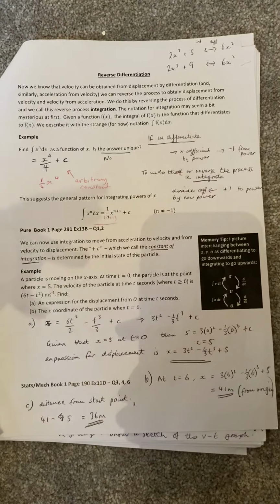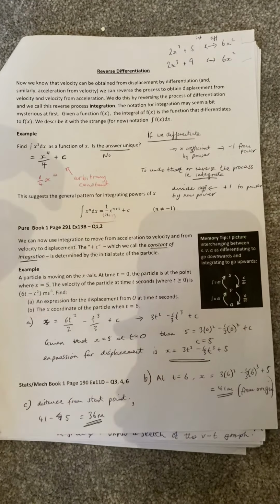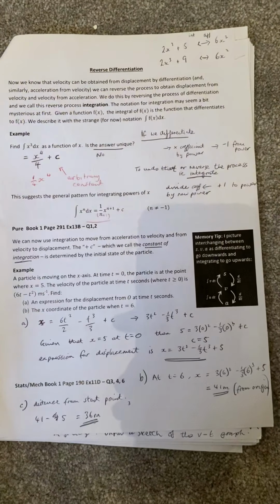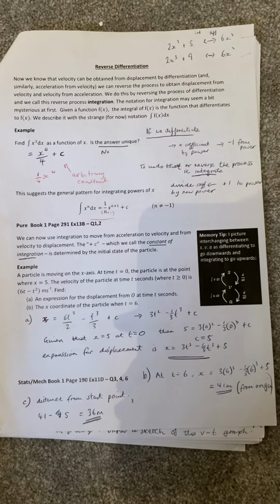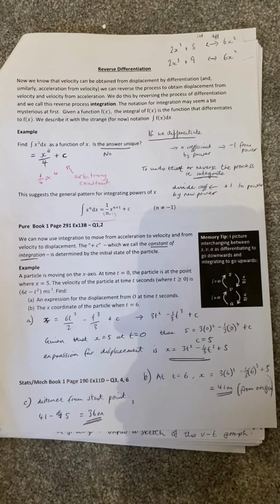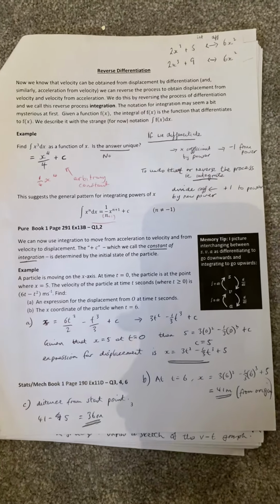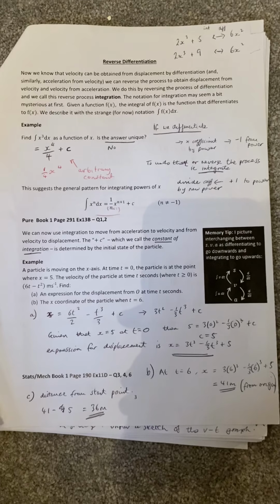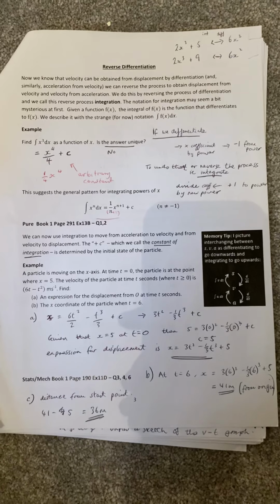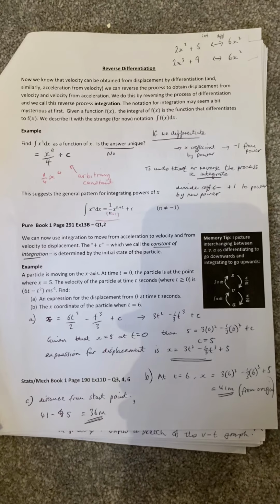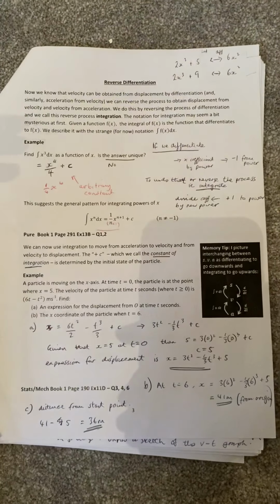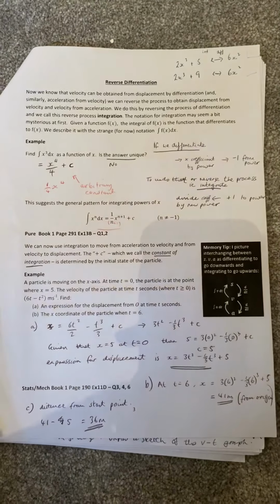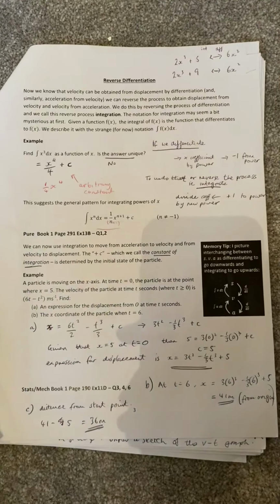It's like knowing a point, a set of coordinates that works. The velocity of the particle at time t seconds is 6t take t squared meters per second. Find an expression for displacement from O at time t seconds. So that's going to be a general equation that links time to displacement.